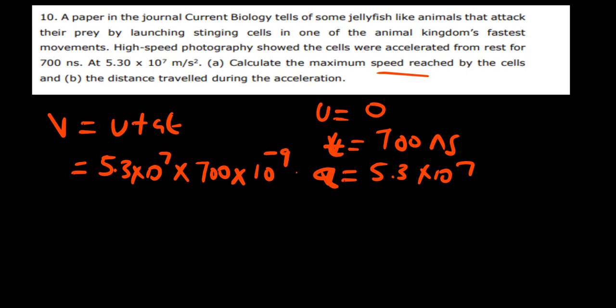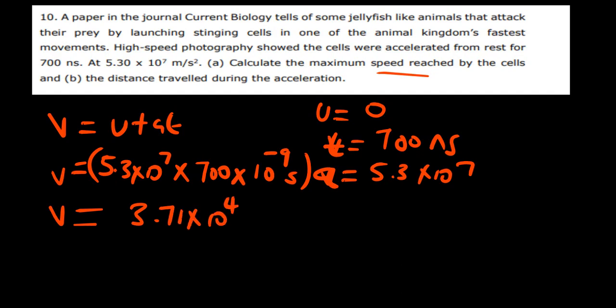Then this is seconds. So this will be the expression that you're supposed to solve. When you solve, your v is going to be 3.71 times 10 to the power 4 meters per second. So that's the maximum speed which should be reached by these cells.